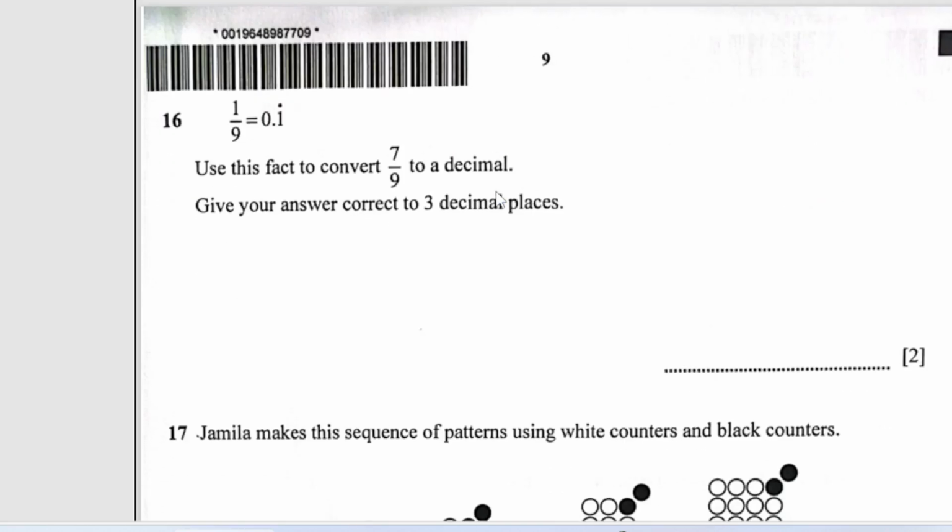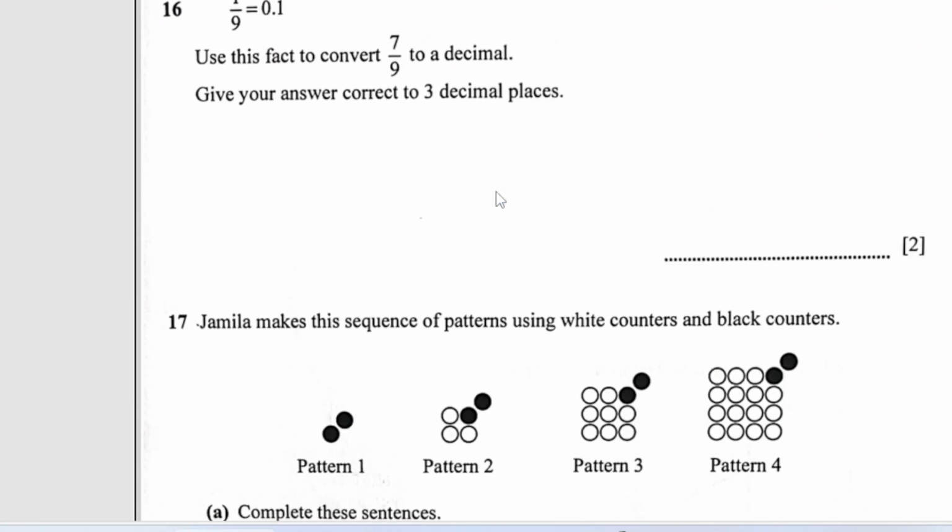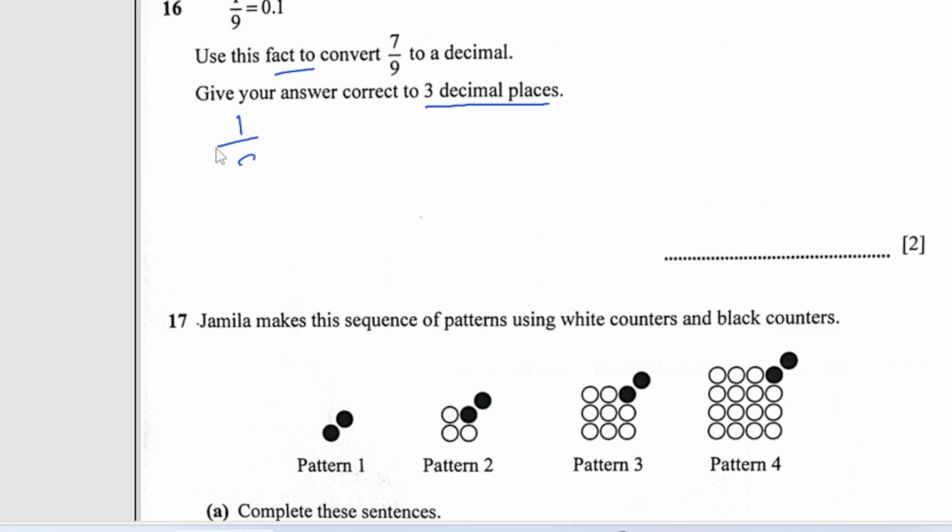Now the next one, number 16. 1/9 is equal to 0.1 recurring, that means 1 is repeating. Use this fact to convert 7/9 to a decimal. Give your answer to 3 decimal places. So 1/9 is equal to 0.111, I will write it down like that.